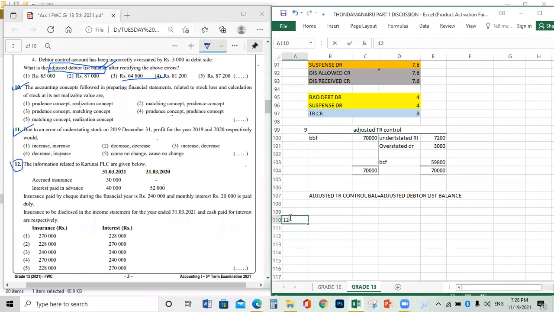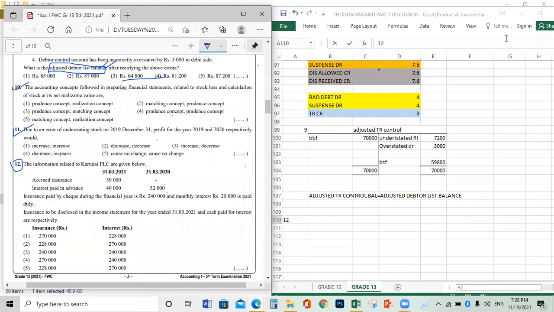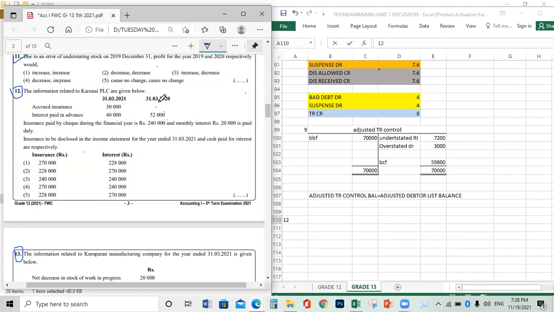Question 12. The information related to KPLC is given below. They have given the opening and the closing. Make sure when you get a question, first of all take your pen and write the opening and closing so that you don't miss it out. Sometimes you know the answer, but you can still make a mistake because you took the opening for the closing.